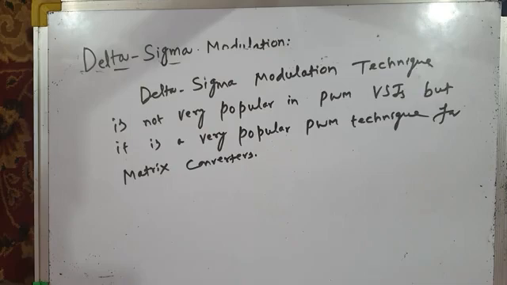That was done by Dr. Tabish during her PhD research work under the joint supervision of Professor Bhim Singh of IIT Delhi and myself at NIT Srinagar, and we published one paper in IEEE Transactions on Power Electronics, which has a very high impact factor. So this delta sigma modulation is very popular in matrix converters rather than in PWM voltage source inverters.